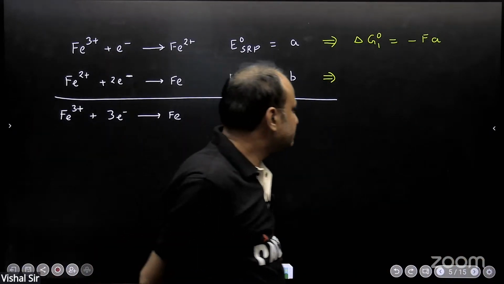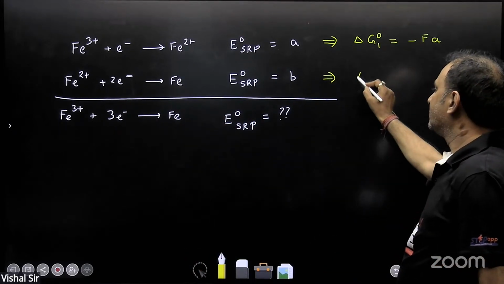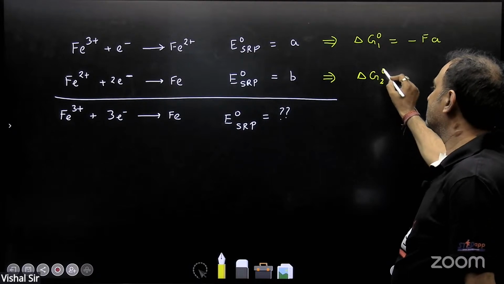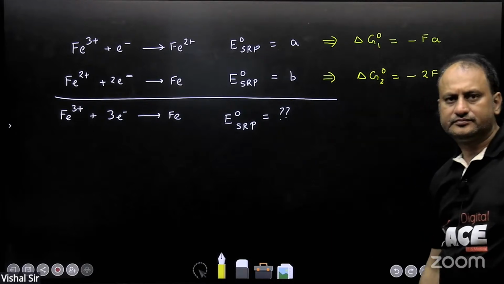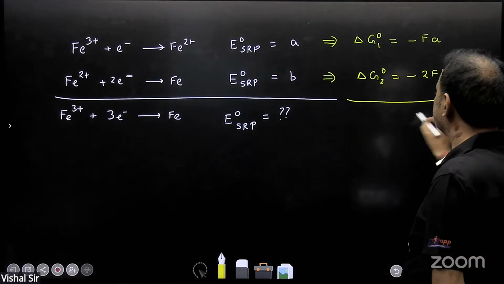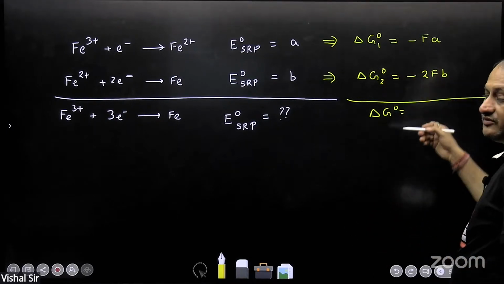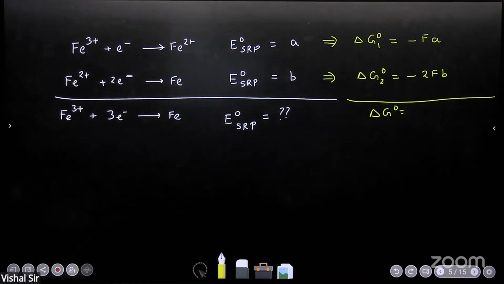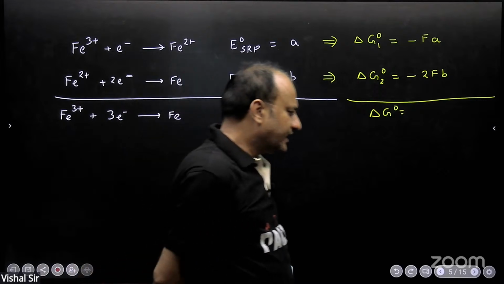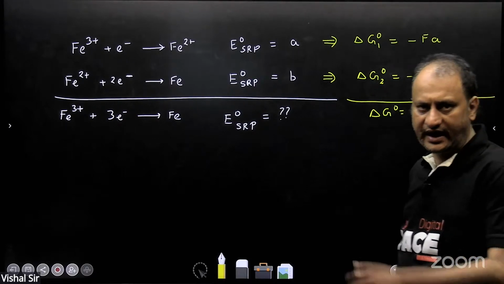And for the second reaction, n factor is 2, so delta G2 naught will be minus 2FB. Whenever we add two reactions, whether one oxidation and one reduction, or two reduction, or two oxidation, in any situation we can always add delta G naught. So delta G naught value is always additive.